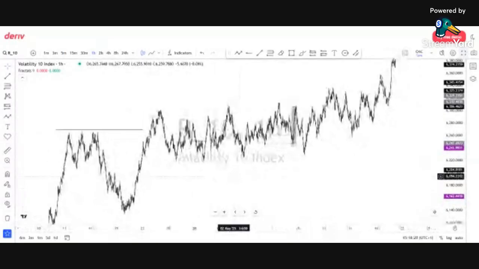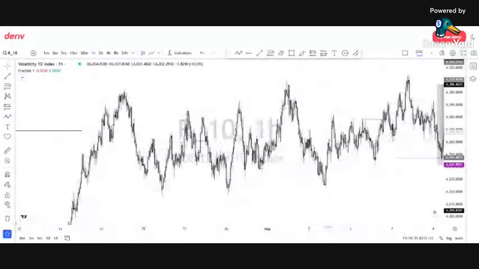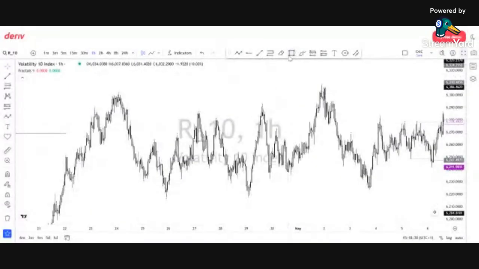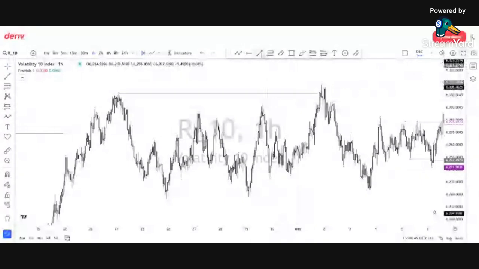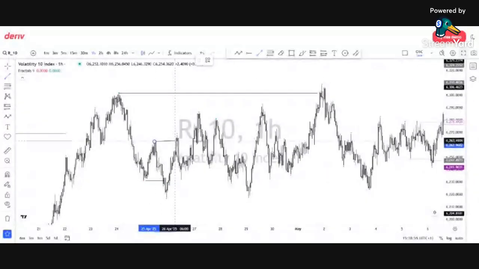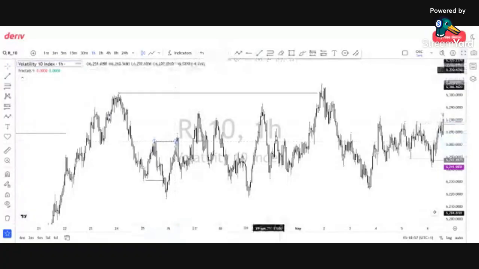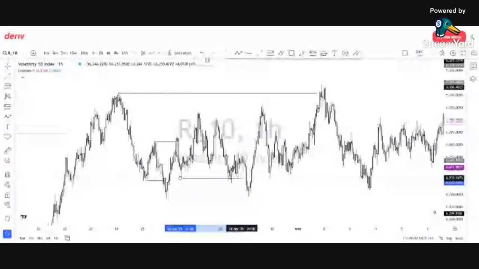Price was bullish, price broke a major level. Now look at what price was doing even from here. You see that we had our sweep of this, another break of structure clearly. And if you look, our pattern was formed here. There was a sweep of this low, a break of structure, then a second break of structure that gave us this structural liquidity.